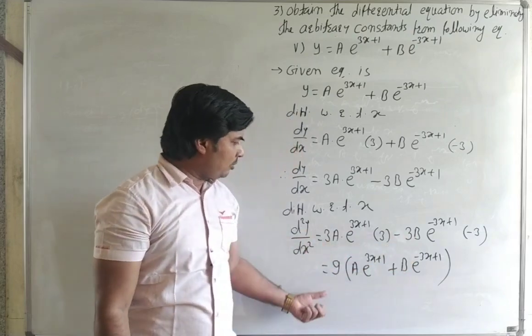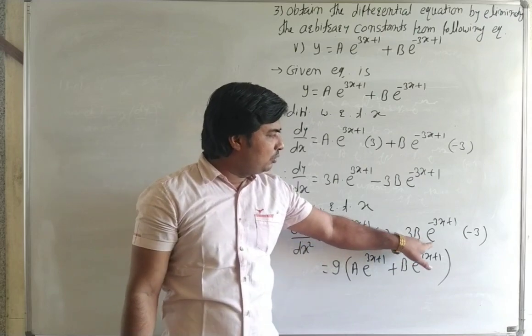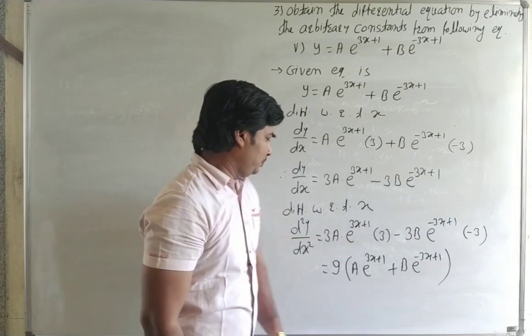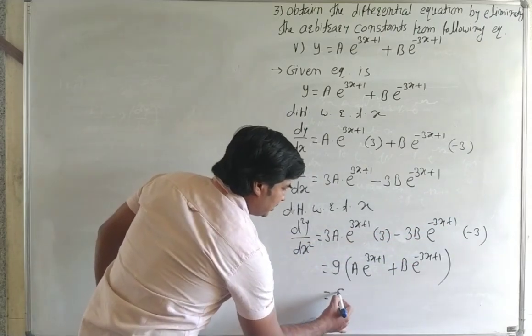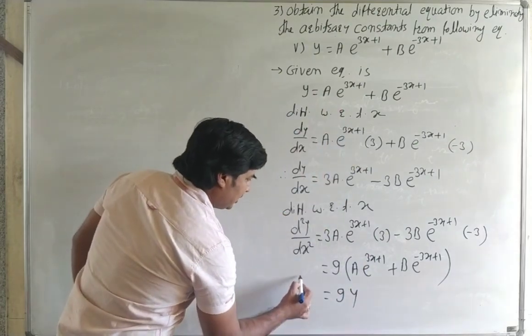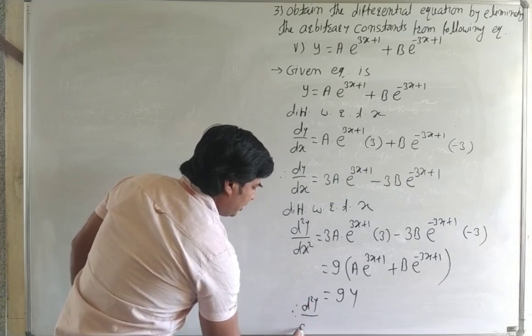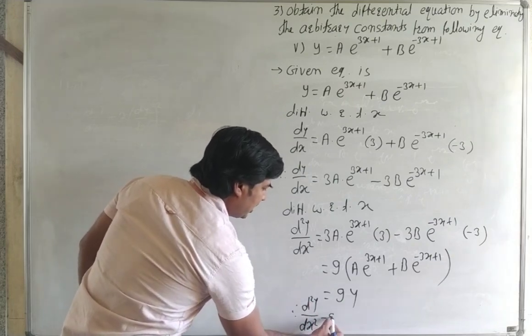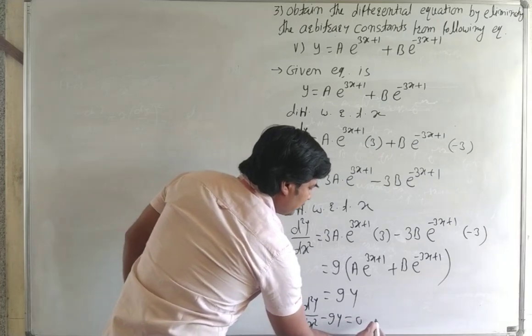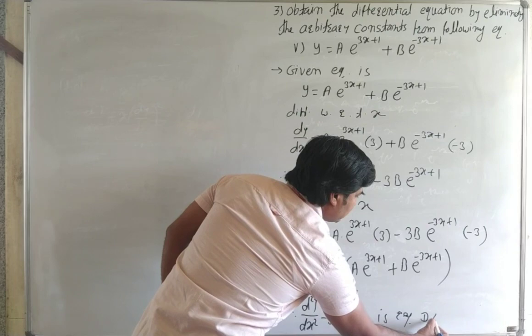We take this 9 common, then the remaining is a into e to the power 3x plus 1 plus b into e to the power minus 3x plus 1, and we know that this is 9 into y. Therefore the last answer is d2y by dx2 minus 9y is equal to 0, the required differential equation.